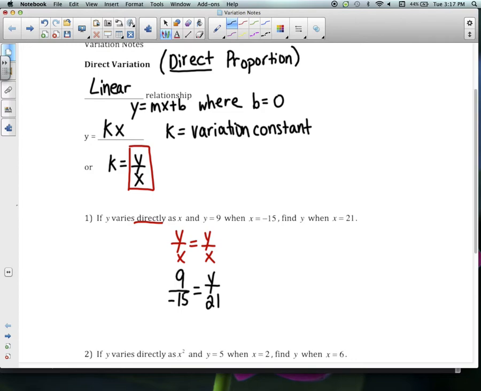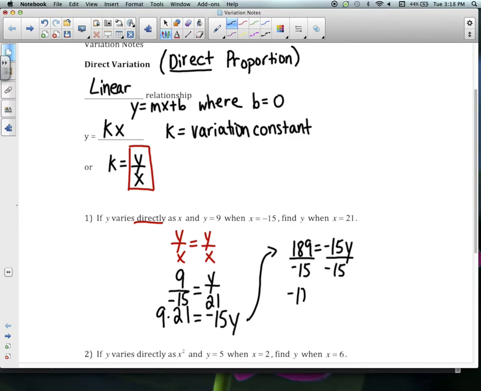You'll do 9 times 21 equals negative 15 times y. And that's really it.